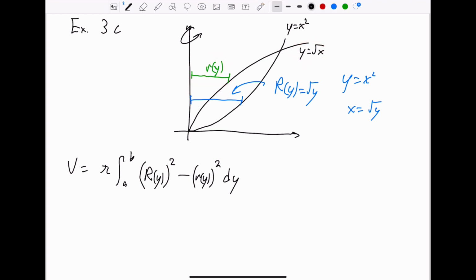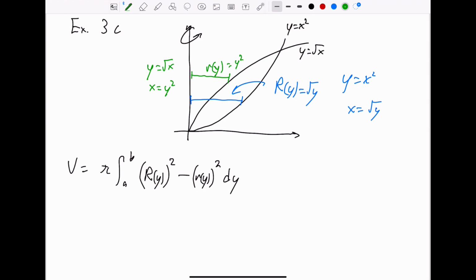So I take that expression and solve for x. y equals square root of x, square both sides, and I have x equals y squared. This x corresponds to the x distance, but I can express it as a function of y. It's equal to y squared. So this inner radius as a function of y can be written as y squared.